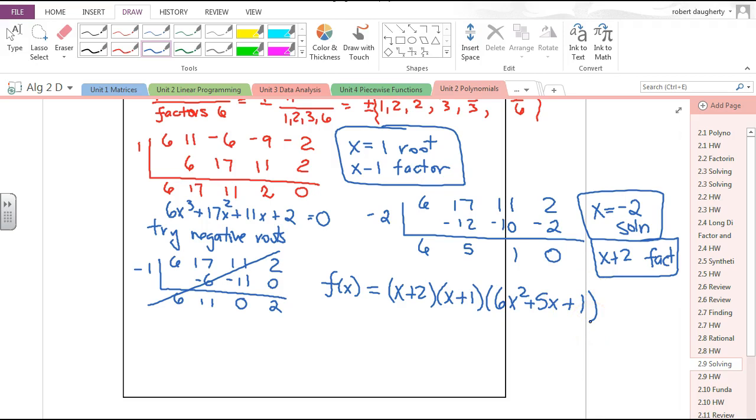Now, am I done? I need to factor the quadratic or use the quadratic formula. Oh, x minus 1, you're right, sorry. Thanks.